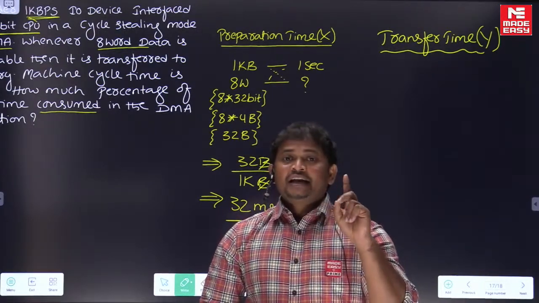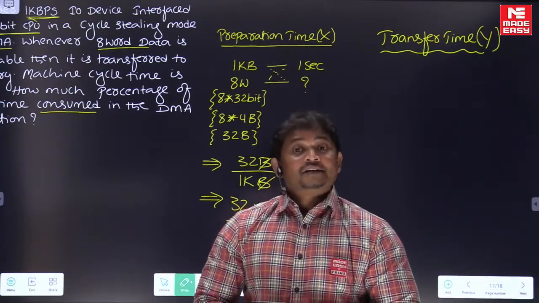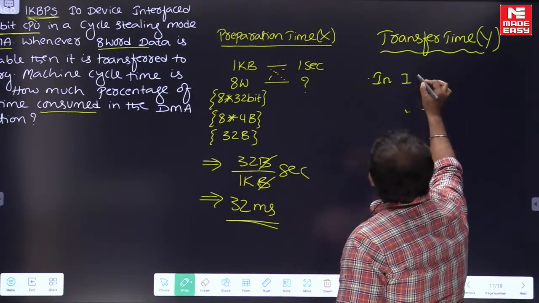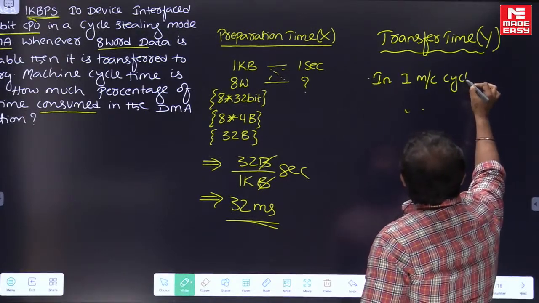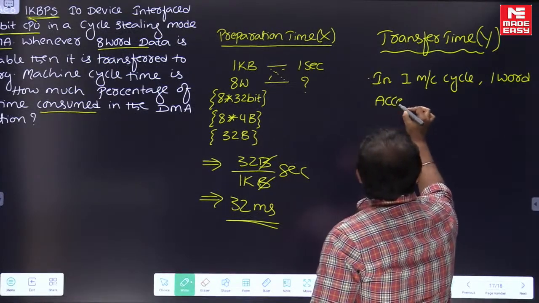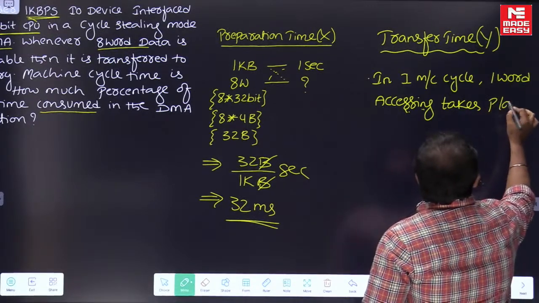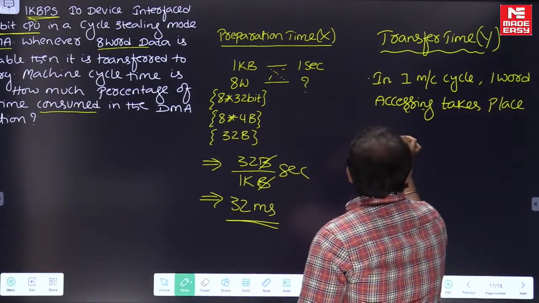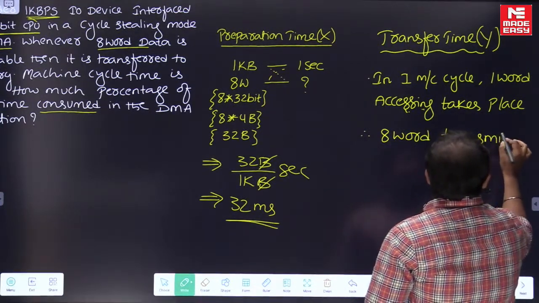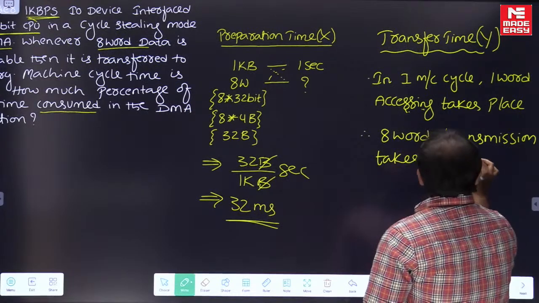So in one machine cycle, one word is accessed, but here we need to transfer 8 words. Therefore, 8 word transmission takes 8 machine cycles.